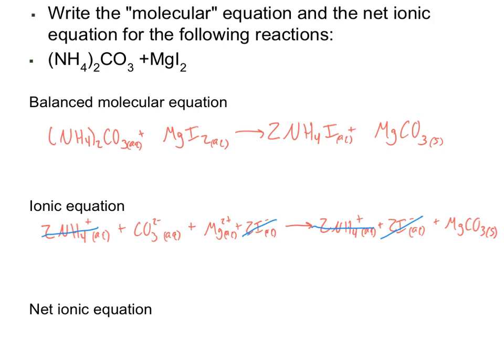So we can cross those out, leaving us then with only carbonate and magnesium in the reactant side and our solid precipitate in our product side. For a final net ionic equation of Mg2 plus aqueous plus CO3 2 minus aqueous react to give us our magnesium carbonate precipitate.